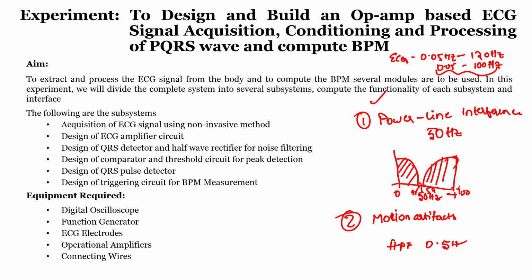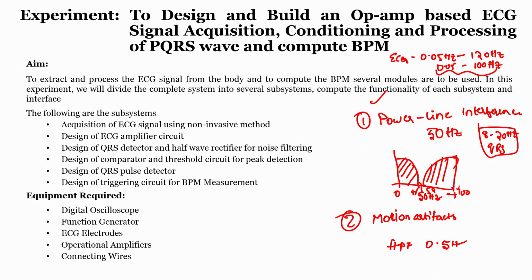So, in order to understand, if I know the general frequency of our QRS, it will be somewhere around a maximum of 20 hertz. So, somewhere around 8 to 20 hertz is the maximum frequency of our QRS peak. Since this particular frequency is required, as long as we can allow this particular band of frequency, and remove other bands of frequency unwanted, we can compute the BPM.